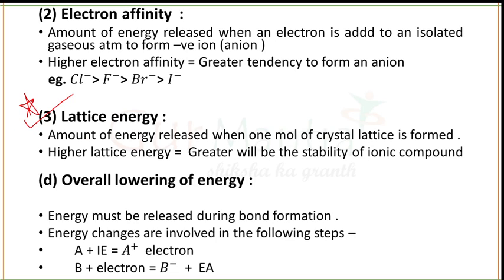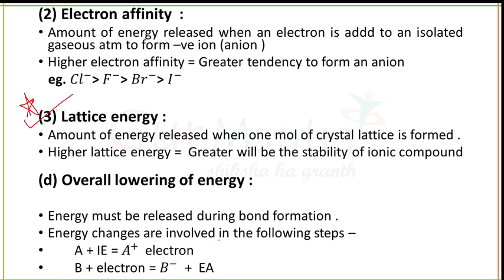Next, overall lowering of energy. You know it very well. For the formation of a stable molecule, the energy should be minimum. So always the atoms combine to form a molecule to decrease their energy to gain the maximum stability. So energy must be released during the bond formation to lower their energy.